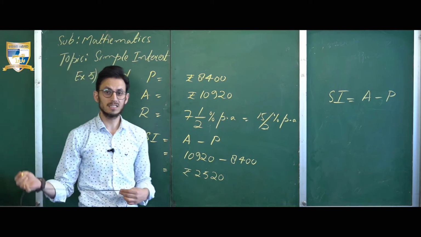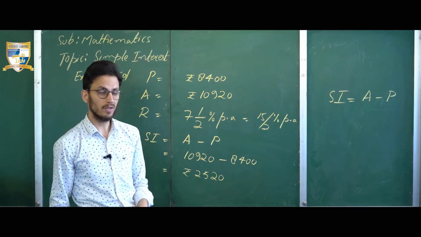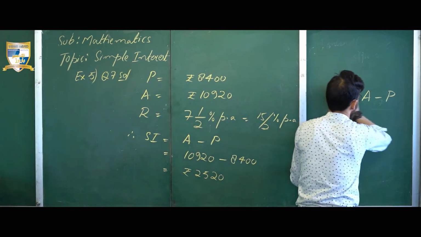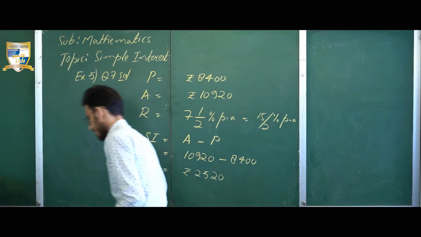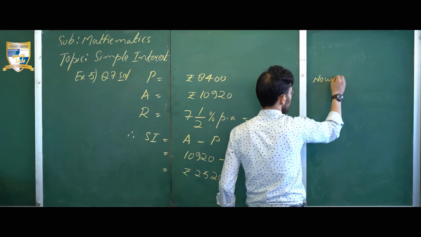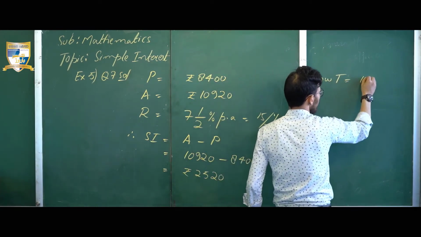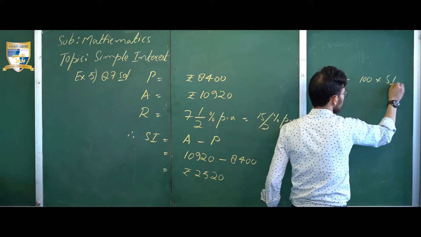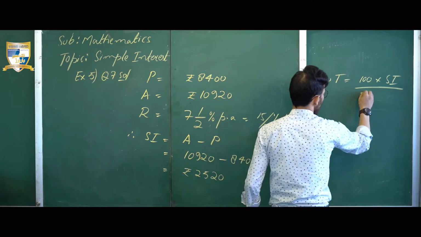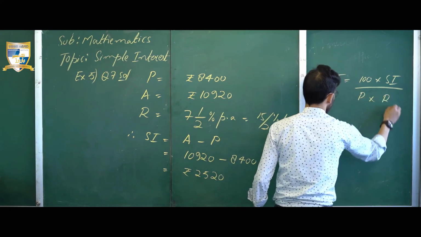Now the question is asking for the time, and to find out the time, what is the formula? 100 multiplied by simple interest upon principal multiplied by rate.